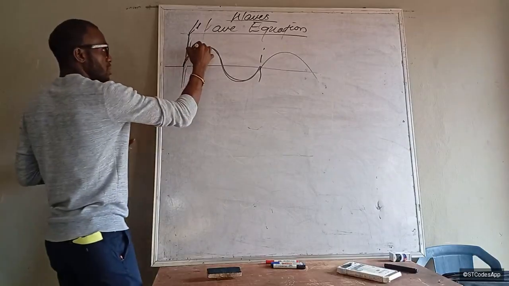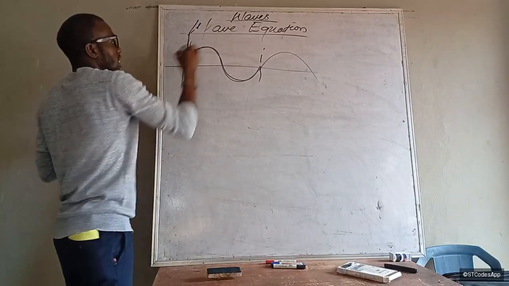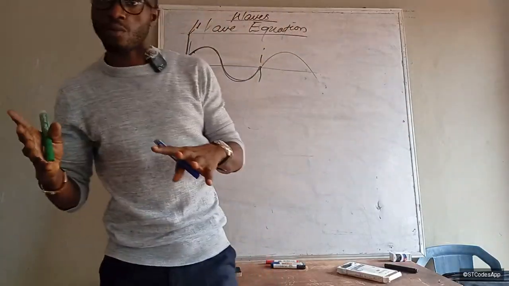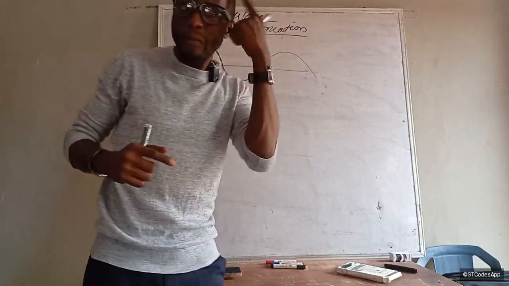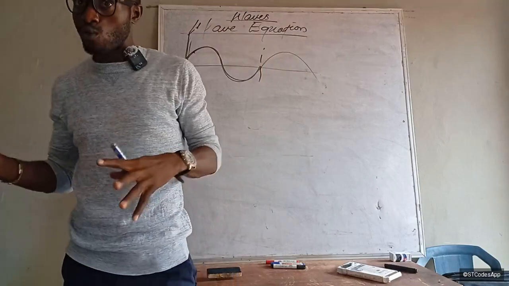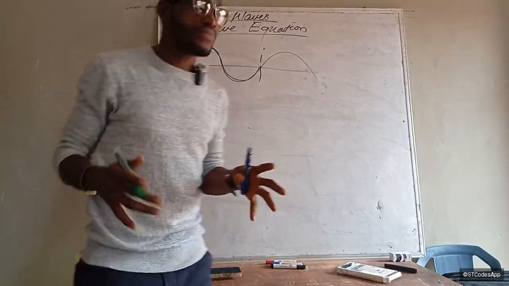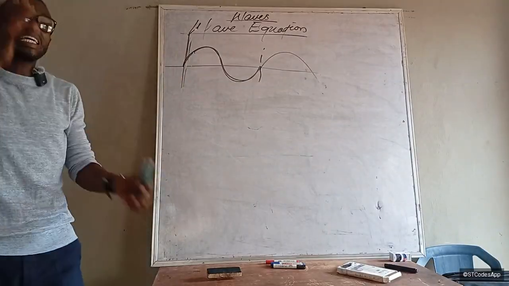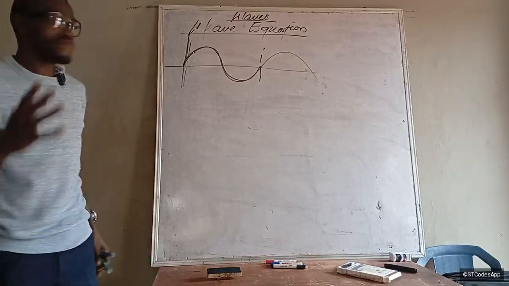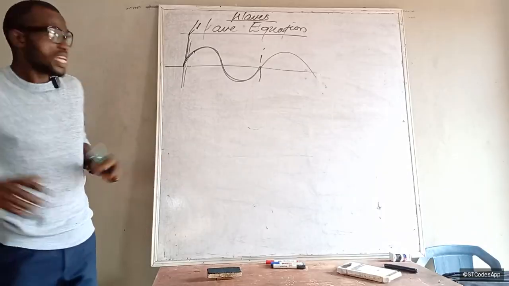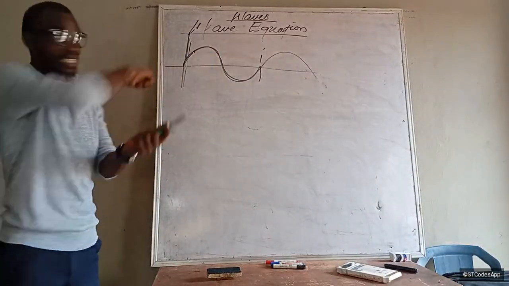Keep in mind I told you that simple harmonic motion is different from wave motion, because simple harmonic motion is one particle oscillating, but wave motion is many particles oscillating. So if a particle is here, you want to know the vertical displacement from the equilibrium position. If it's here, it is at one point in the circle, right?